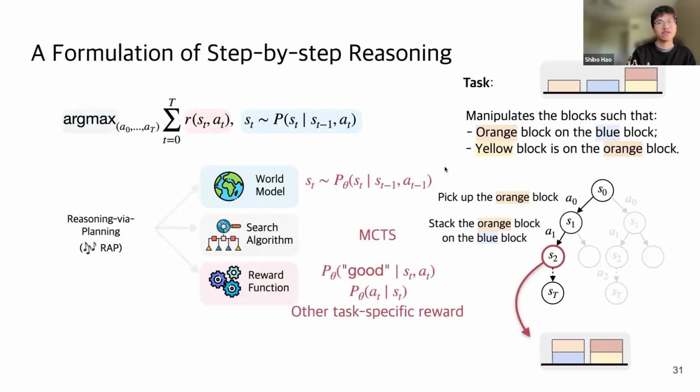I think the main difference is that now we want to explicitly model the world state. So here we'll use a large language model as a world model. Basically this state here is a description of the current state instead of just a simple collection of all the previous actions.